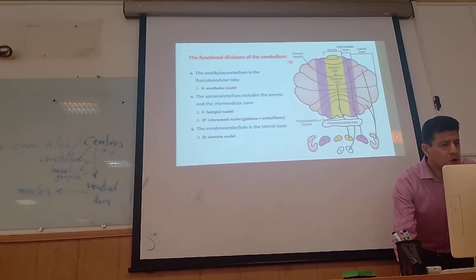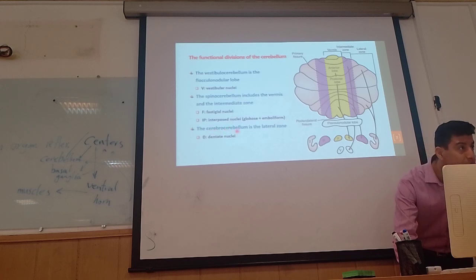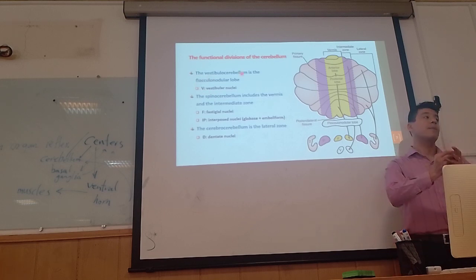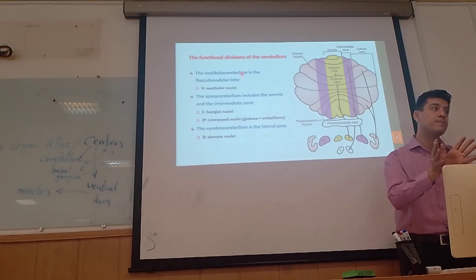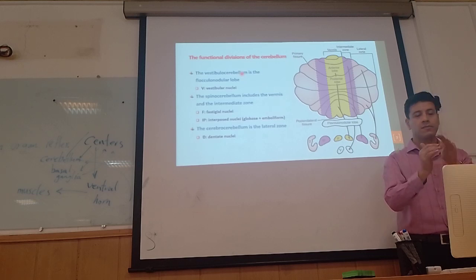Functionally, we can divide the cerebellum into three different parts: vestibular cerebellum, spinal cerebellum, and cerebral cerebellum. Again, you know this. The vestibular cerebellum is connected with the vestibular apparatus and vestibular nuclei. Where are they located? In the pons, at the junction between the pons and the medulla.